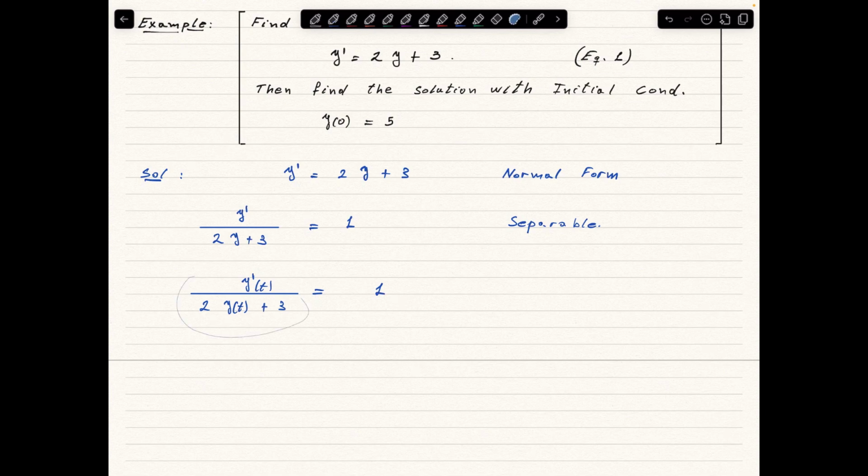And what we want to do is integrate on both sides of this equation with respect to the same variable, which is of course the variable t.